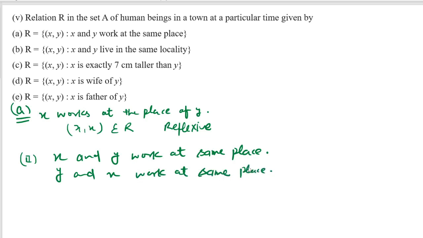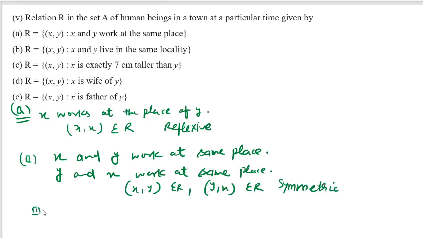So what you have seen is that x comma y belongs to R, and similarly y comma x also belongs to R. So this is also symmetric.